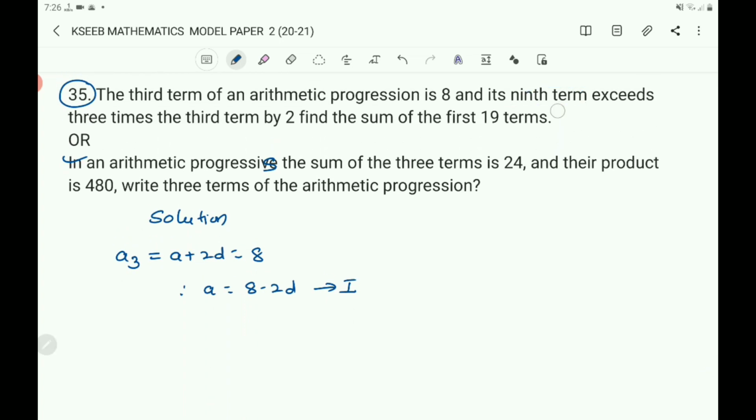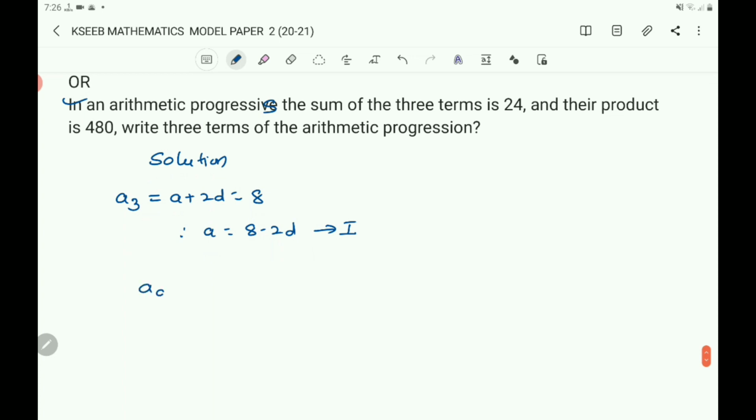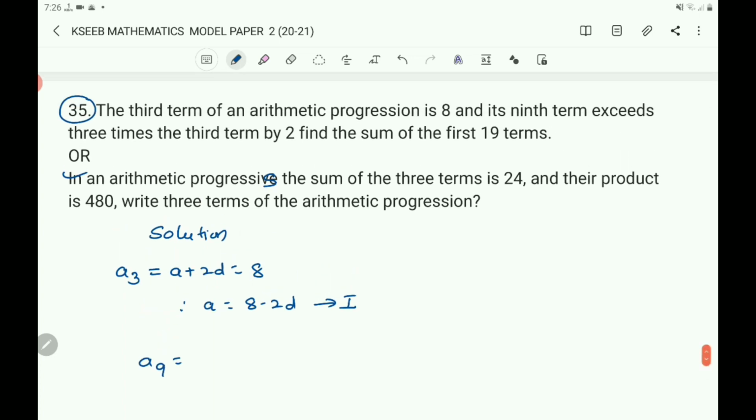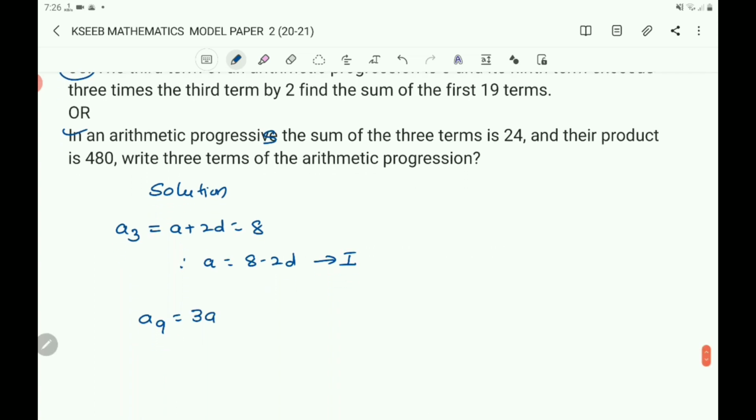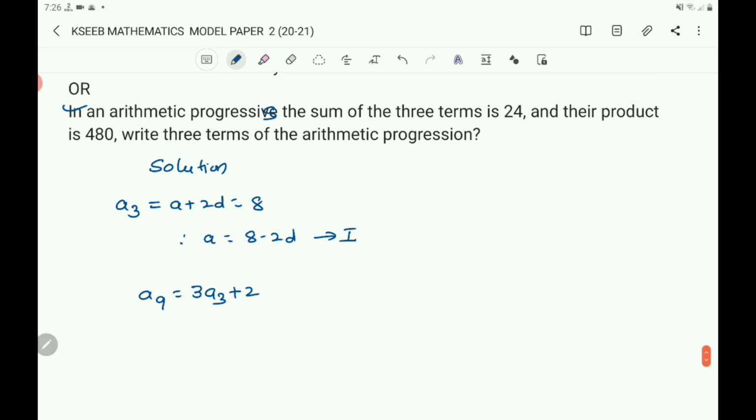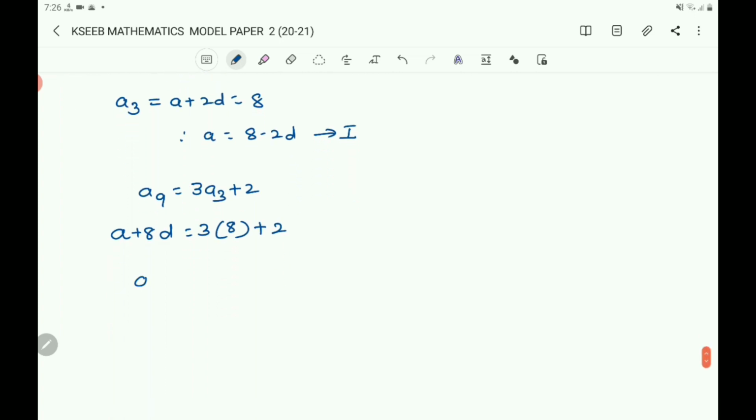Ninth term means a9. a9 equals: the ninth term exceeds 3 times the third term by 2. 3 times the third term means 3a3, plus 2. a9 means a plus 8d. 3a3 means 3 into a3, which is 8, plus 2. Then a plus 8d equals what? 24 plus 2.